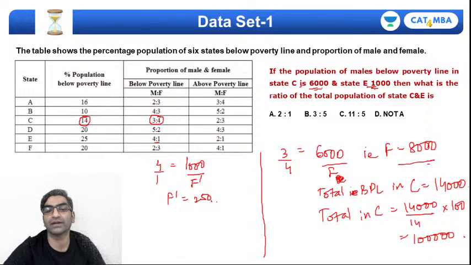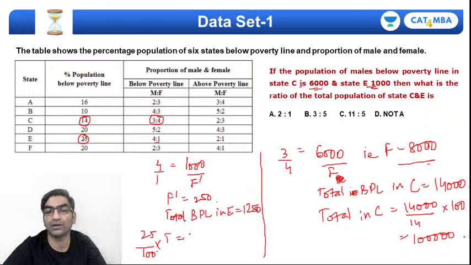Which means total BPL in E becomes 250 plus 1,000, 1,250. And if this is 1,250, in E I know 25% people live below the poverty line. So 25 by 100 into the total will be 1,250. 25 into 5 is 125, so total in state E would be 50 into 100, 5,000.